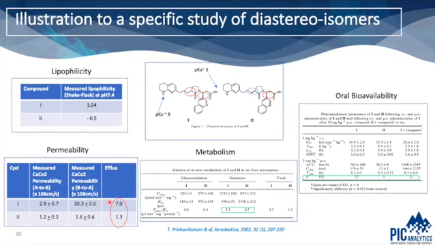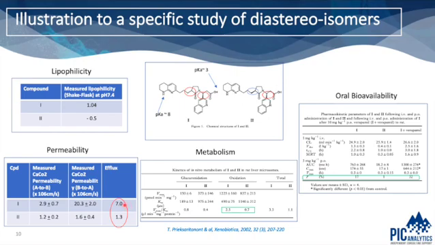What doesn't make sense in this study is that the Caco-2 permeability, which is a permeability based on cells with transporters, is similar, and you have the efflux, however, that is not similar. The authors say that in that case, the transporters were not playing a role in the drug design and in the transport of the compounds.